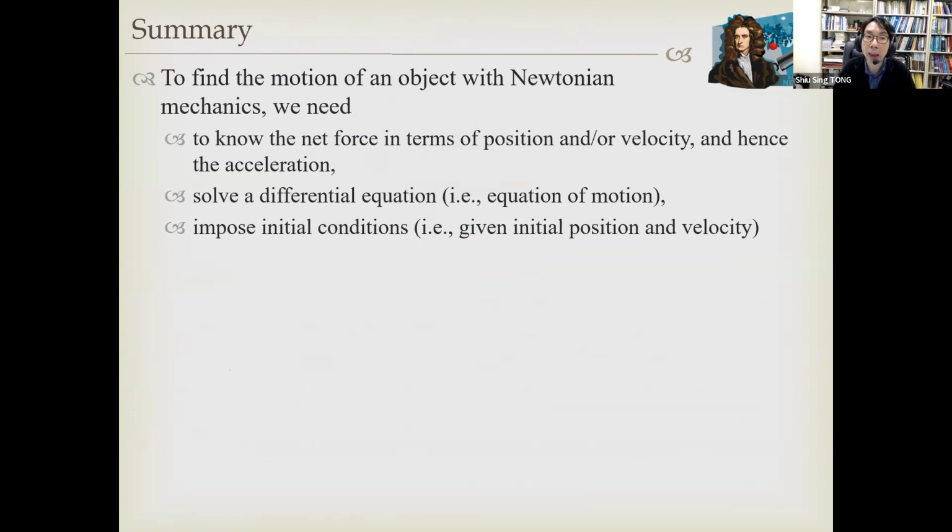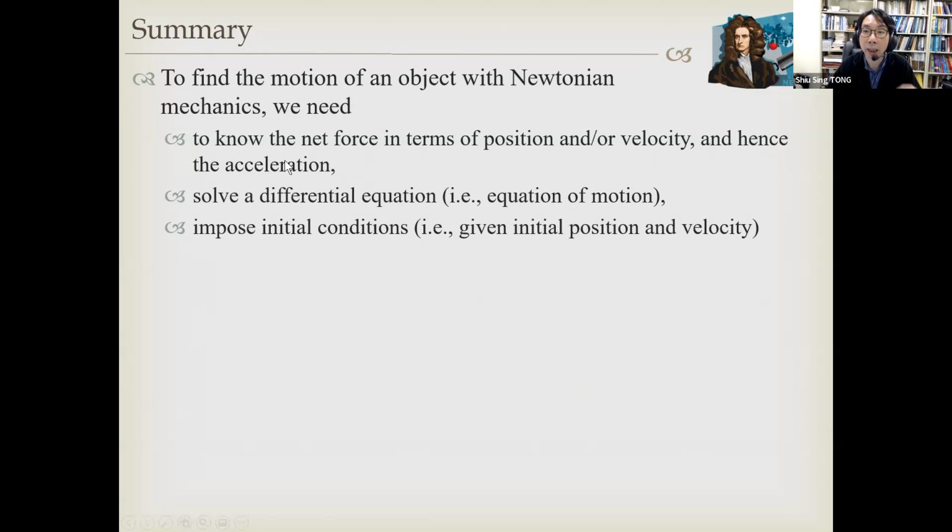So a brief summary of Newtonian mechanics is the following. The fundamental problem of Newtonian mechanics involves first knowing the net force acting on a body, knowing which kind of force is acting on a body, and we can describe the net force by forming a vector sum of all the forces. And then these forces are given as a function of position and velocity, so that we will be able to express the net force or the acceleration in terms of the position and the velocity.